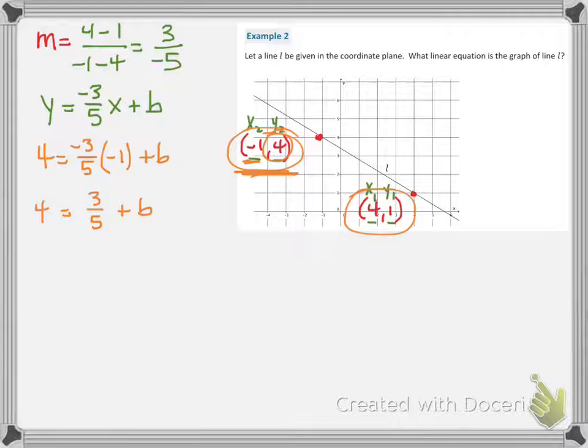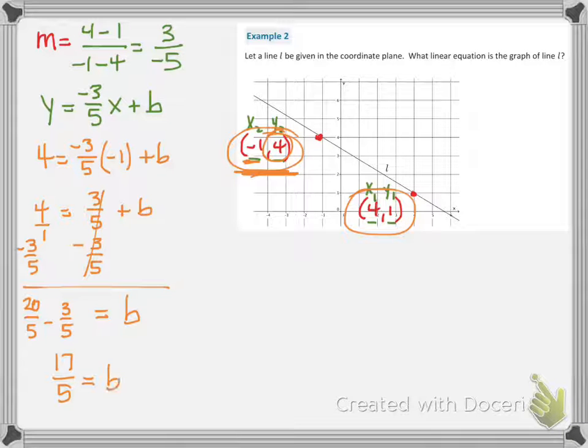And then we're going to subtract 3/5 from both sides. And when we do that, we get b on the right side is equal to 4 minus 3/5. Well, I'm going to change 4 into something over 5. That would be 20/5. So this would be 20/5 minus 3/5, and that is 17/5.